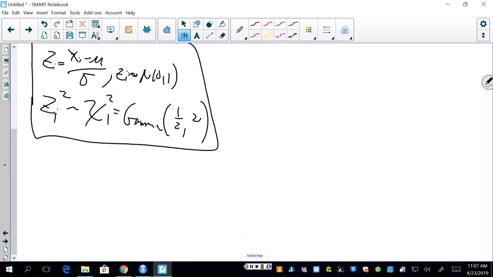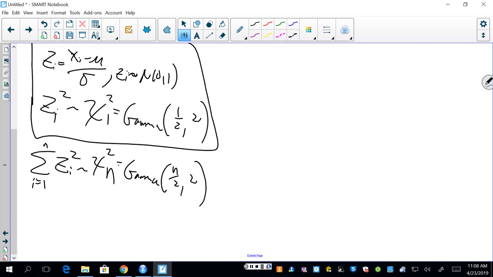And if you add together gammas, if you do a sum of the zi squared, i going from 1 to n, so if you have n observations and they're all normal, you standardize each one, square each standardized version, and add them together, this ends up being a chi-squared with n degrees of freedom, which is a particular gamma distribution. We don't quite have that because we're not subtracting mu.